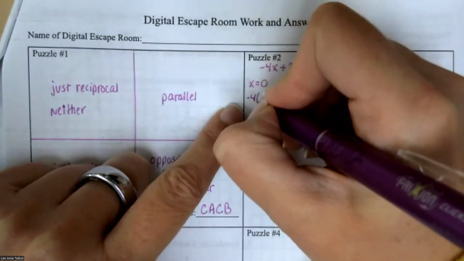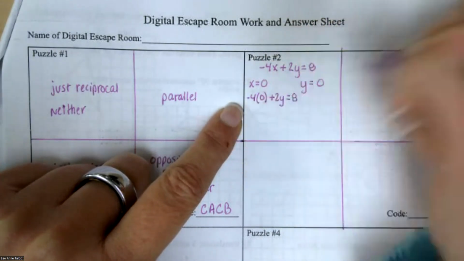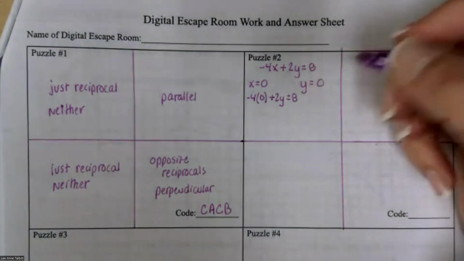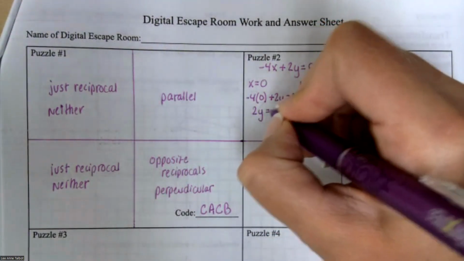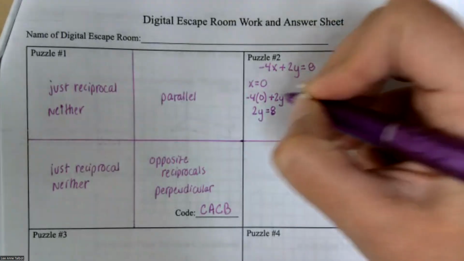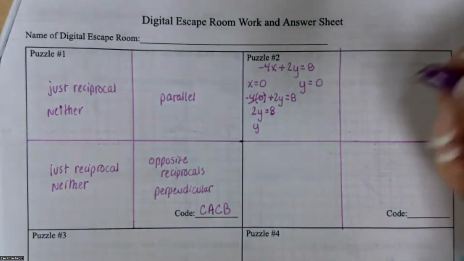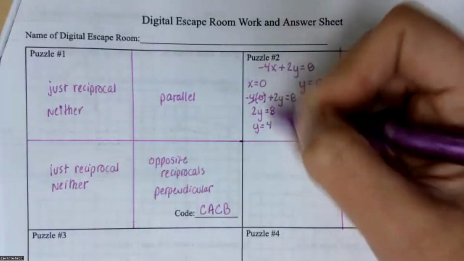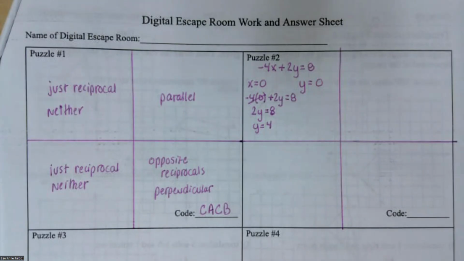So negative 4 times 0 plus 2y equals 8. 2y equals 8. What does y equal? 4. Okay, so what is that coordinate? 0, 4.